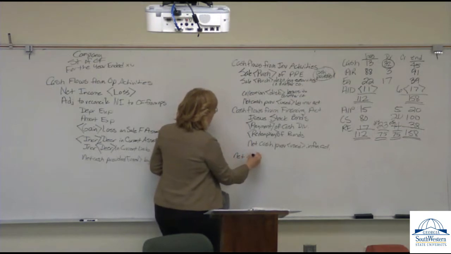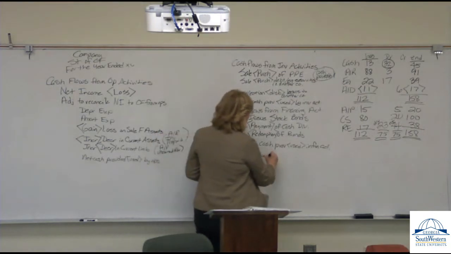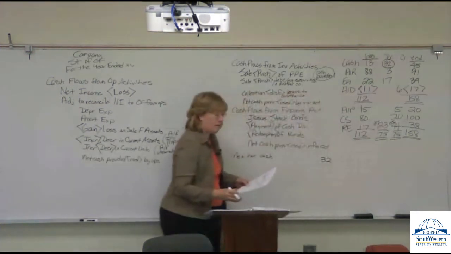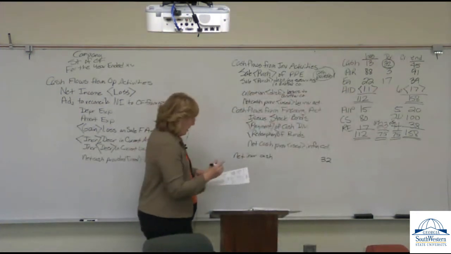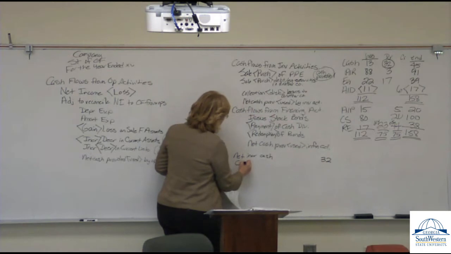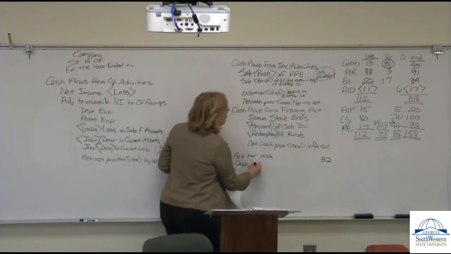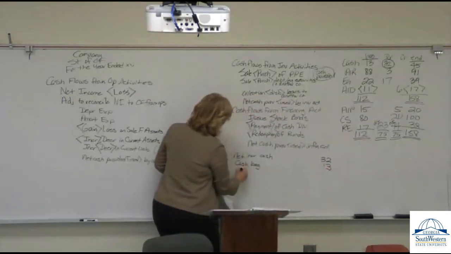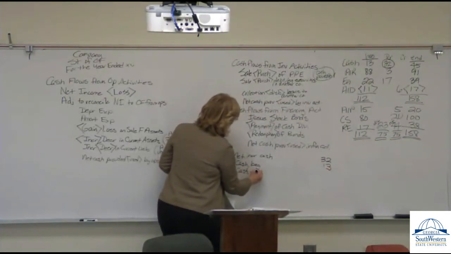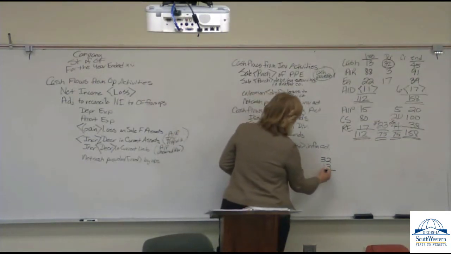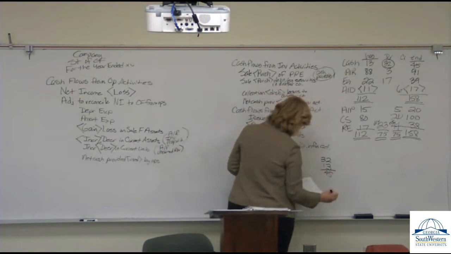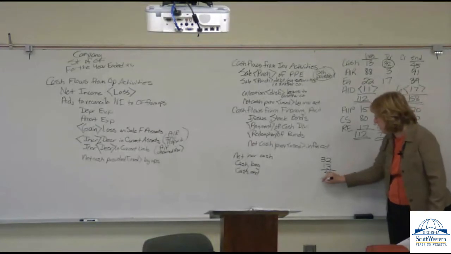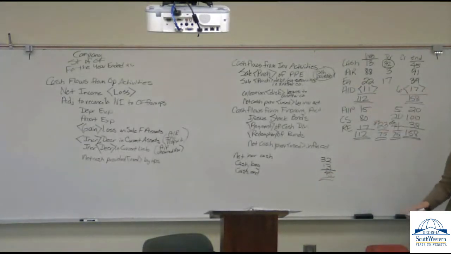Net increase in cash is 32, right? And our cash at the beginning of the year is 13. And our cash at the end of the year is 45. Okay? So see how now we know the answer to our problem, right?